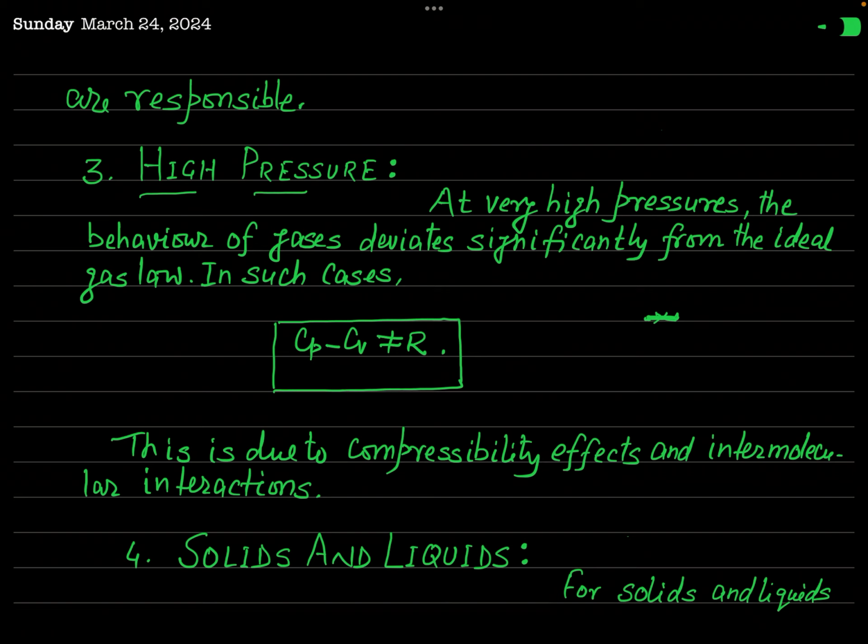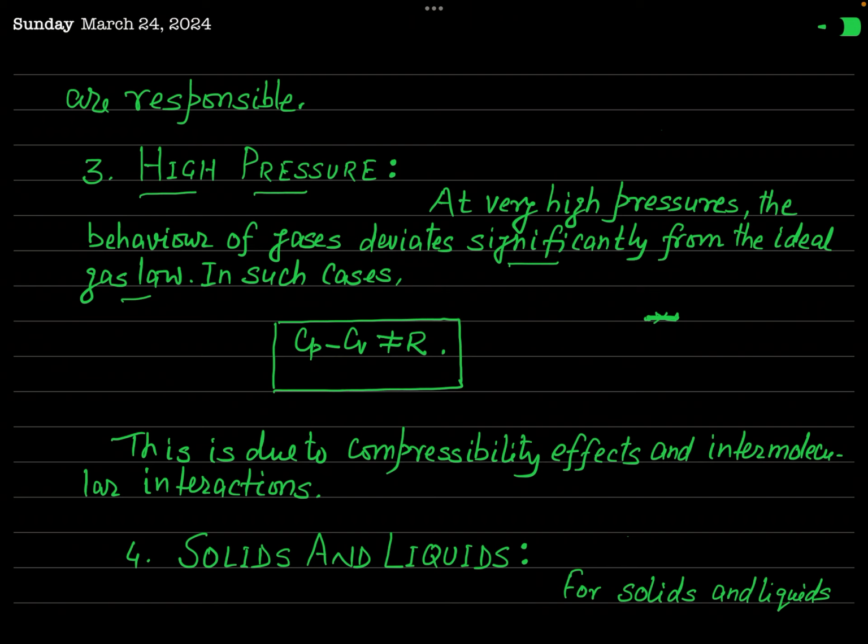And when intermolecular force becomes significant, the behavior of the gas will not be like an ideal gas, because in case of monatomic ideal gas, the intermolecular force is negligible. But at high pressure, we cannot neglect the intermolecular force, and so the behavior of gases at high pressure deviates significantly from the ideal gas law.